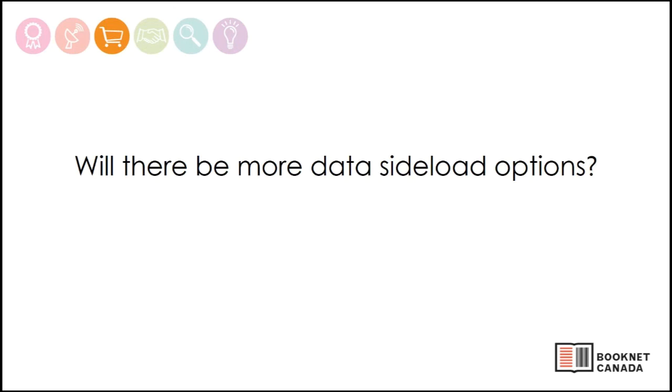When we start getting those plans together, we will probably look at more data sideload options. Part of the issue with that is you still have to get the data and other people are going to want it. So yes, you can provide it to CataList, but ultimately other people are going to be coming to look for that data as well.